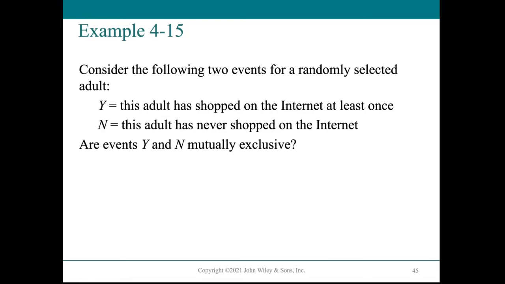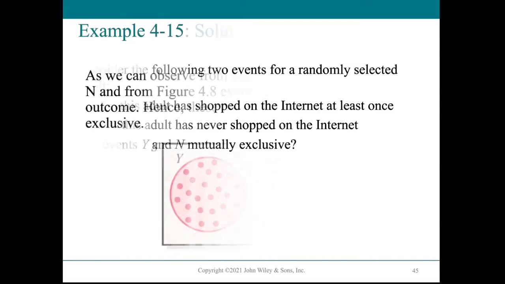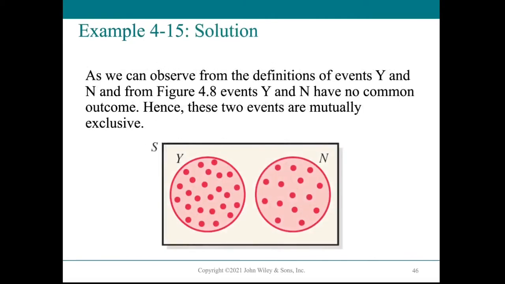Is it possible that a certain adult has shopped on the internet at least once but has never shopped on the internet at all? These are mutually exclusive events. A person cannot both have never shopped at an internet store and at the same time have shopped at least once at an internet store. Either you have shopped or not. So these are mutually exclusive events because they cannot occur at the same time.